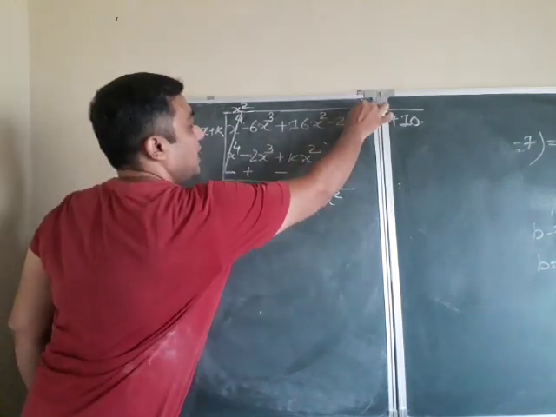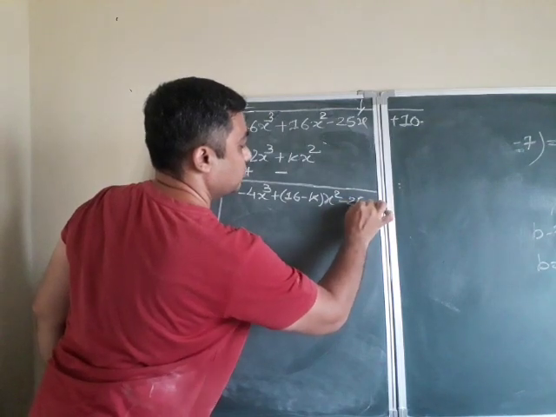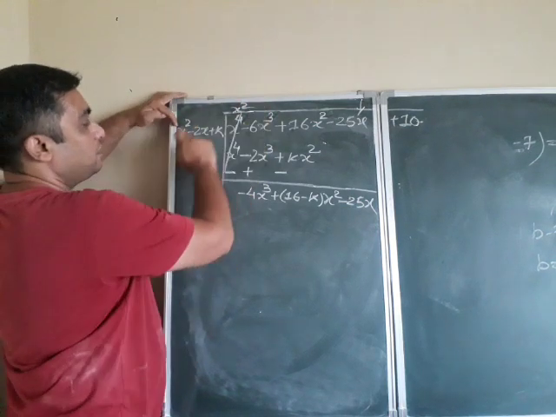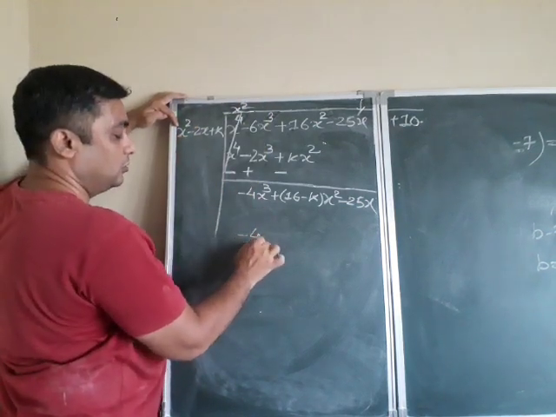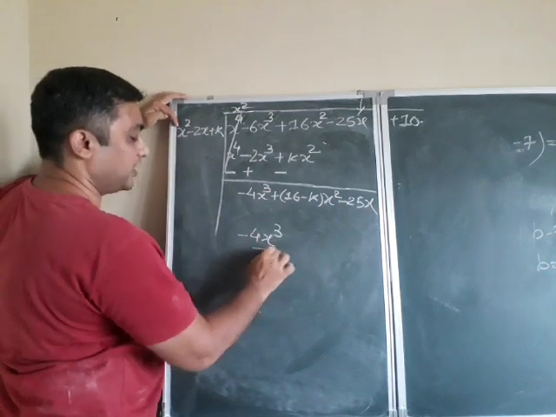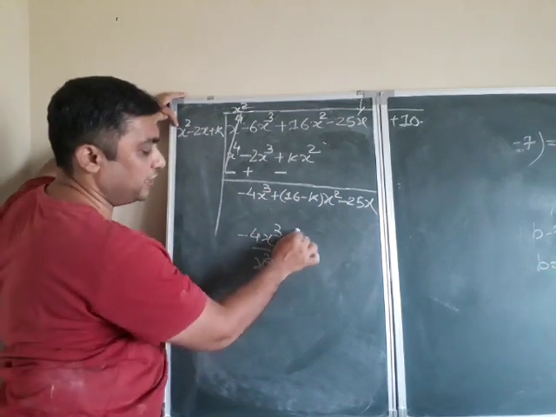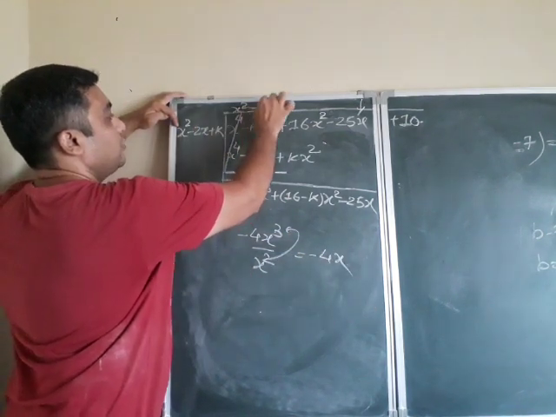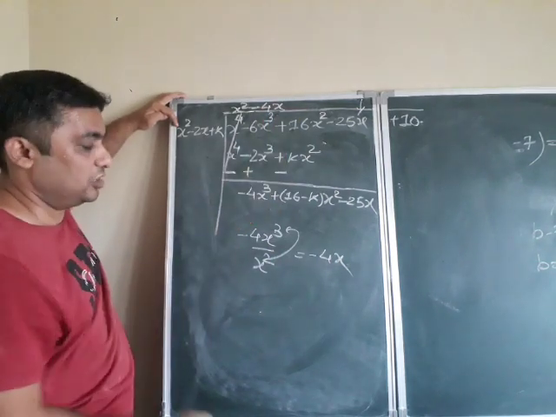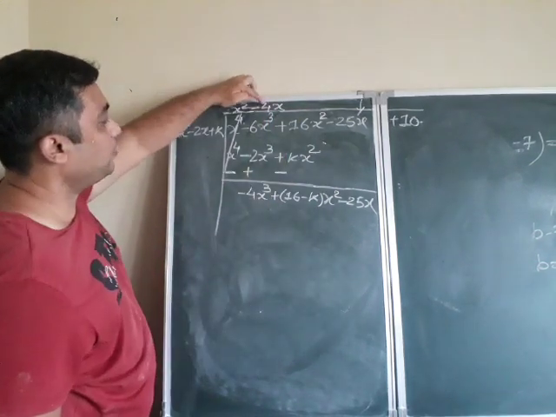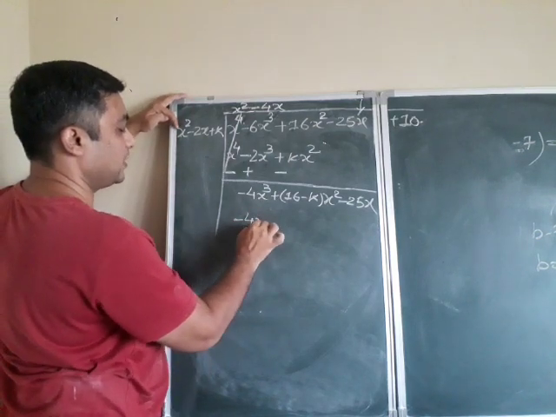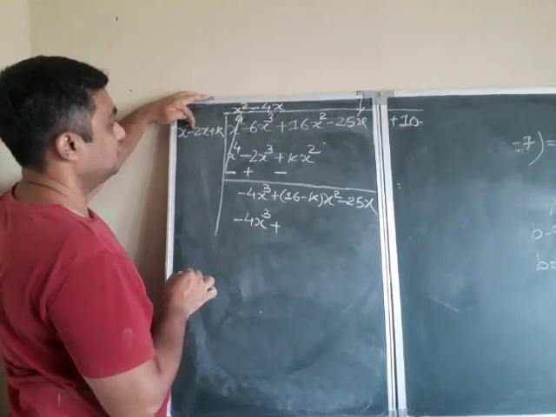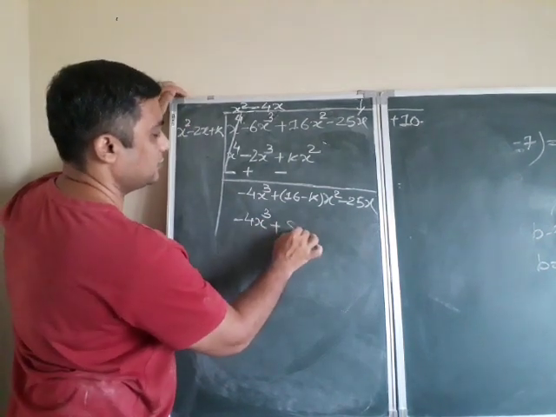Now I carry forward minus 25x. Chaliye, clear? Now here write the one another term. Show that this multiplication shows minus 4x cube. Minus 4x cube upon x square. Fine? This plus 2 in numerator. So 3 minus 2, it is 1. So minus 4x. So here you can insert minus 4x. Chaliye, ready? Now minus 4x into x square, minus 4x cube. Minus 4 minus 2, so it is plus 4 2s are 8x.